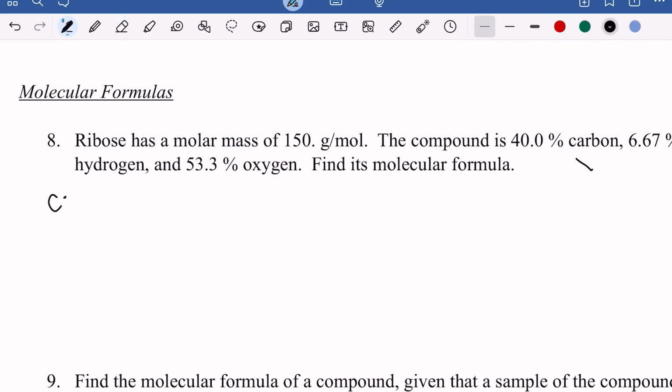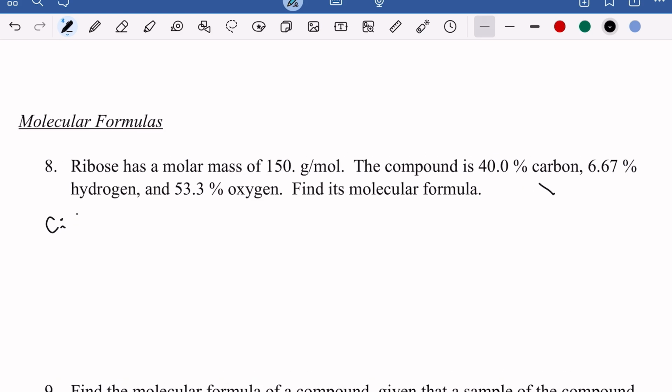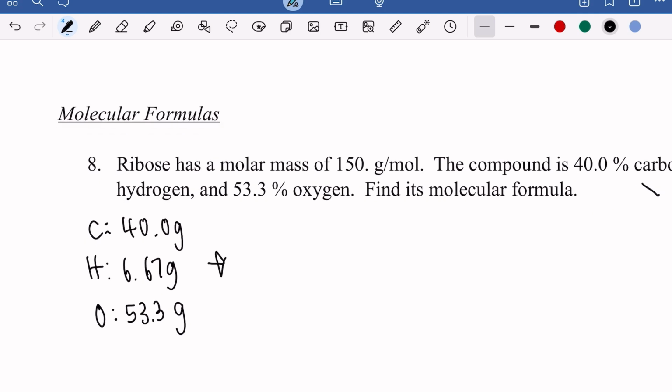We convert the percentages into grams. So there's going to be 40.0 grams of carbon, 6.67 grams of hydrogen, 53.3 grams of oxygen, and let's convert them into moles.